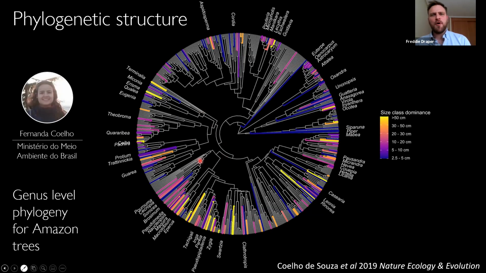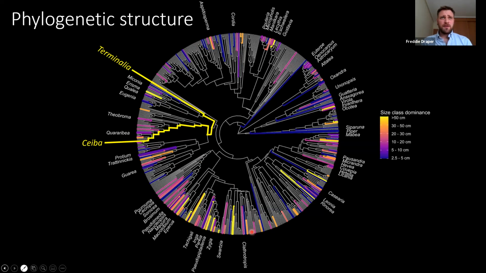But the broad pattern that we can see from this figure is that hyperdominant species are distributed across the angiosperm phylogeny. It's very hard to see, at least for me, any strong patterns. We see some gaps in Rubiaceae maybe, but it's hard to know if there's any real structure here. But what we can do is start to get some metrics from this.